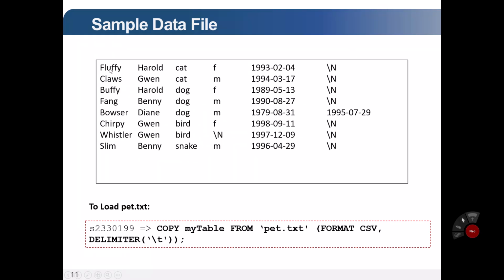So instead of translating each line into an independent insert statement, you can load this comma separated file or white space separated file inside the database using the copy statement.